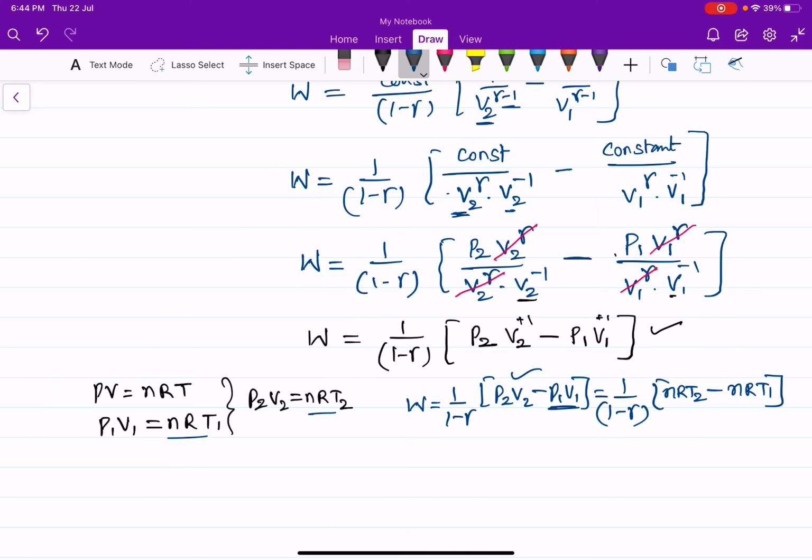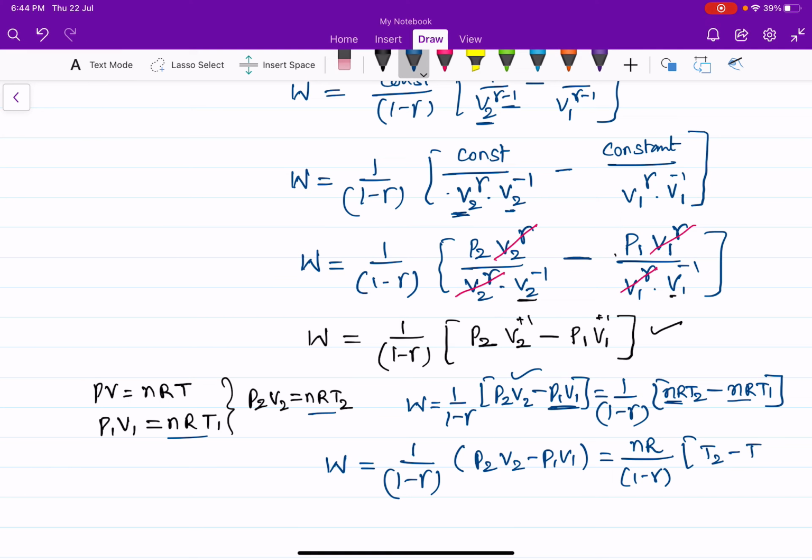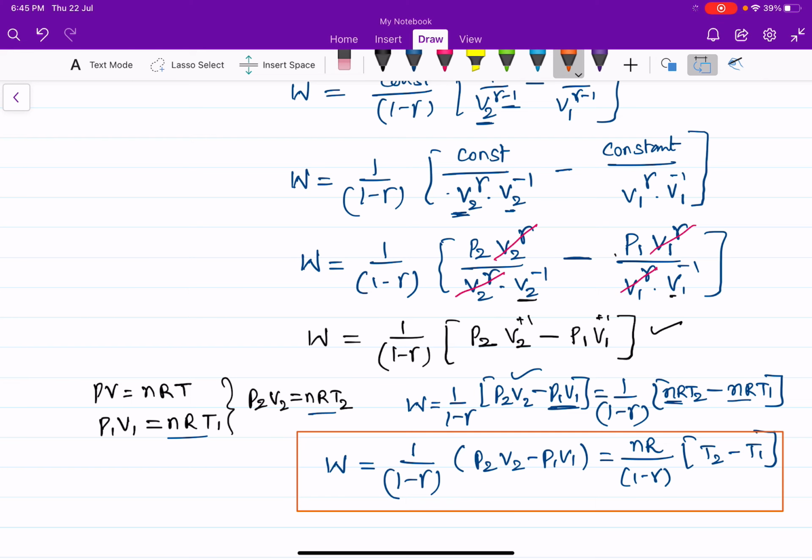So work done in an adiabatic process is given by 1 by 1 minus gamma into P2 V2 minus P1 V1, which can also be written, with nR common in both, as nR by 1 minus gamma into T2 minus T1. This is the final expression for work done in the case of an adiabatic process.